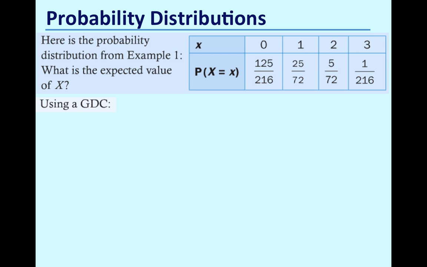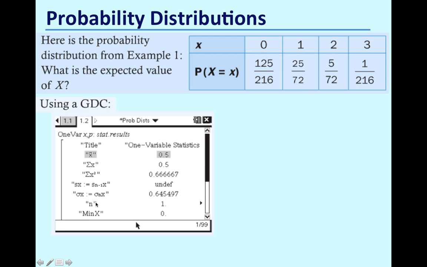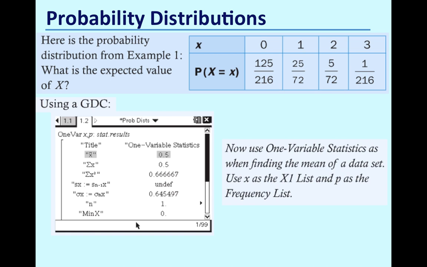On a graphic display calculator, on the TI Inspire, you can do this a little bit more quickly as well. Just open up a new data sheet, put in the two titles of X and P. So X, remember, represents the individual outcomes, P is the probability. Once you've done that, you can go to the one variable statistics tab, and if you look at the results here, you'll find that the expected value can be taken from the mean.